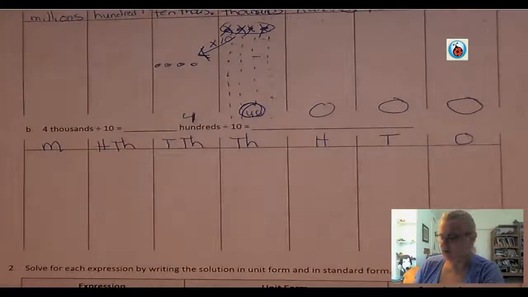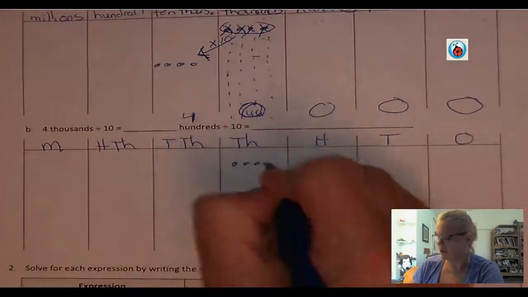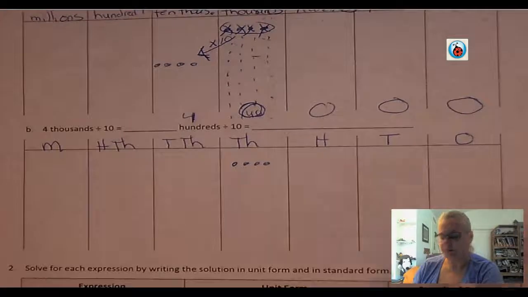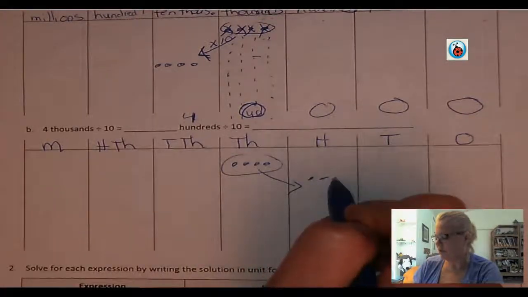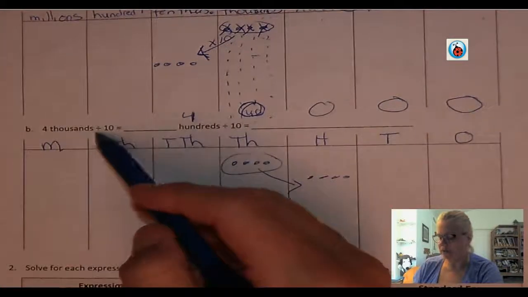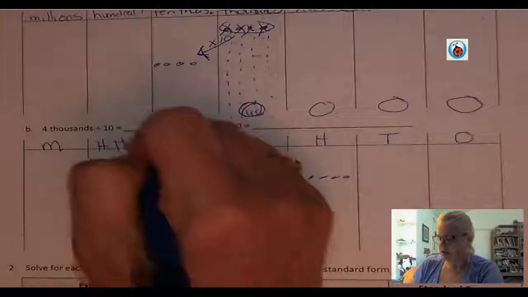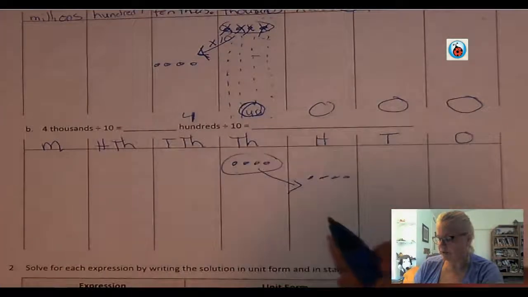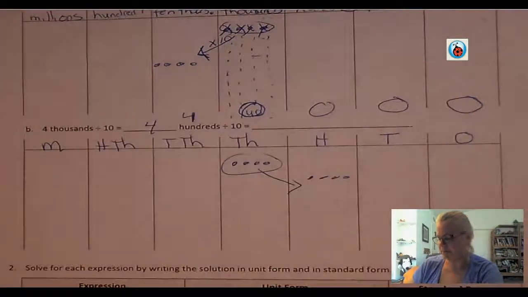So now I'm starting with the same thing, 4 thousands. 1, 2, 3, 4. But now I'm going to divide it. If I divide it, I'm going to move it this way. 1, 2, 3, 4. 4 thousands divided by 10 equals what? How many hundreds? 4 hundreds.